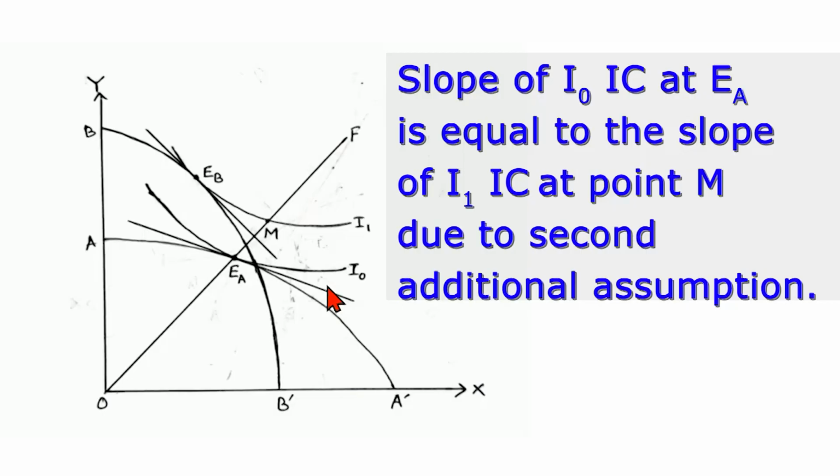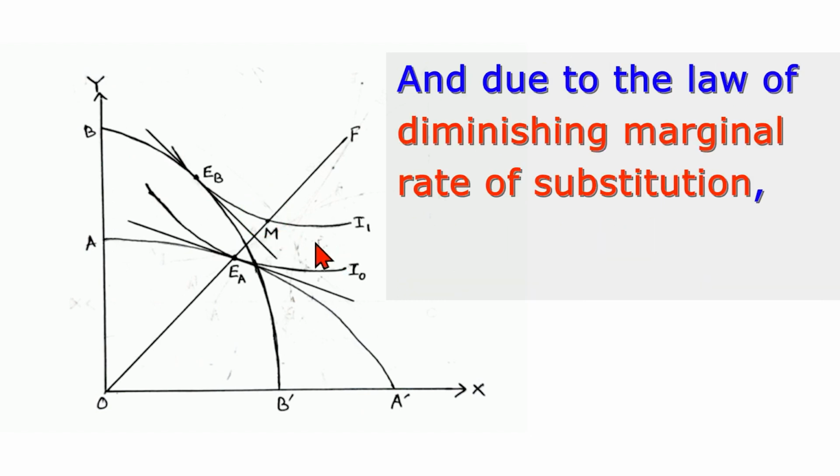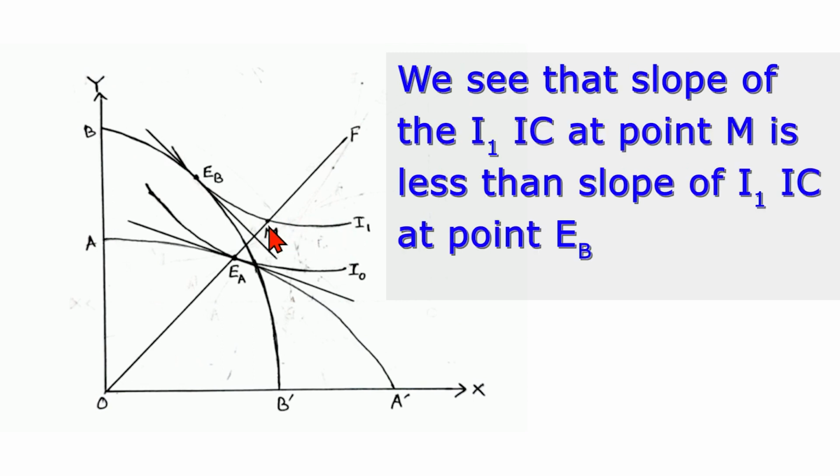What is the reason? The slope of the I0 IC at EA is equal to the slope of the I1 IC at point M due to the second additional assumption, and due to the law of diminishing marginal rate of substitution, the slope of the I1 IC at point M is less than the slope of the I1 IC at point EB.